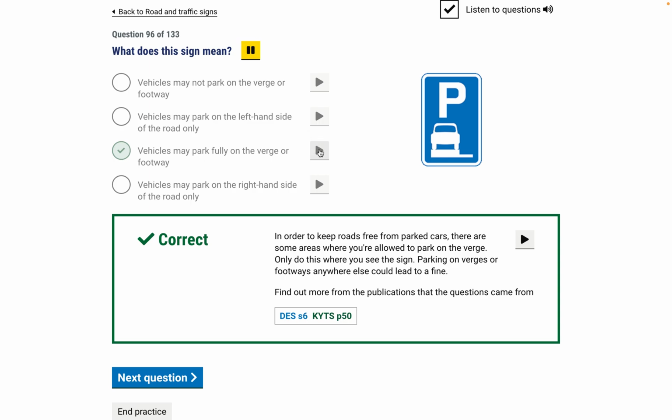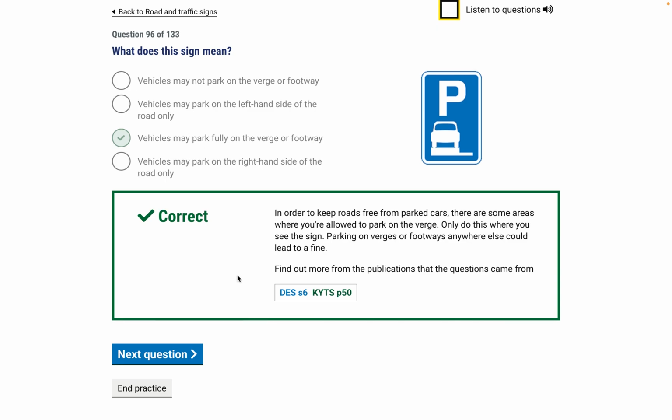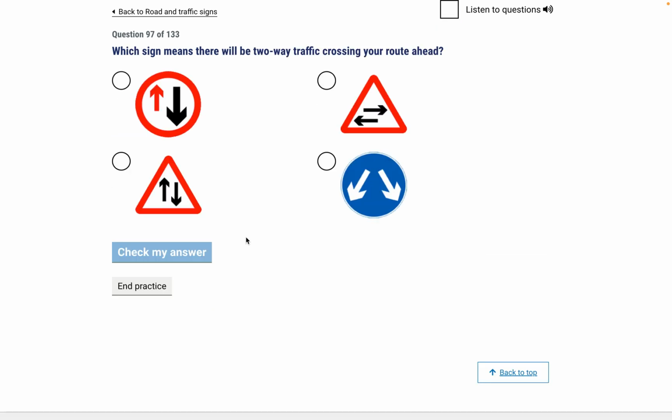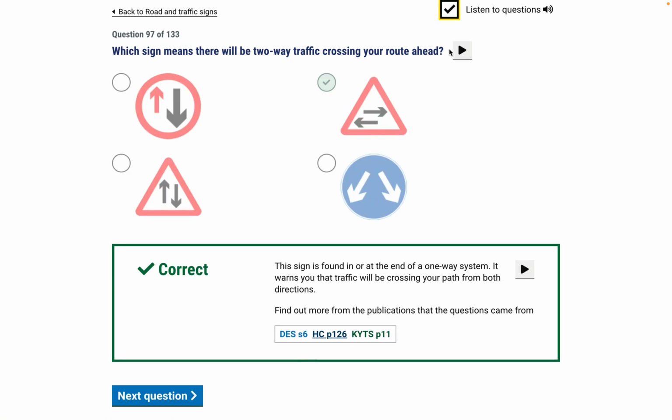What does this sign mean? Vehicles may park fully on the verge or footway. Which sign means there will be two-way traffic crossing your route ahead?